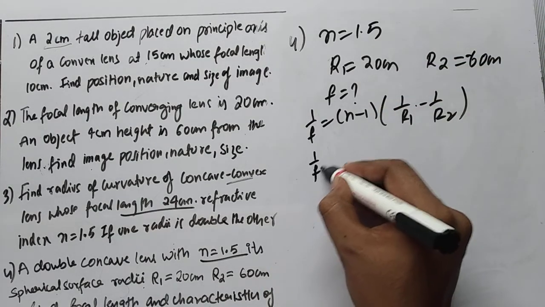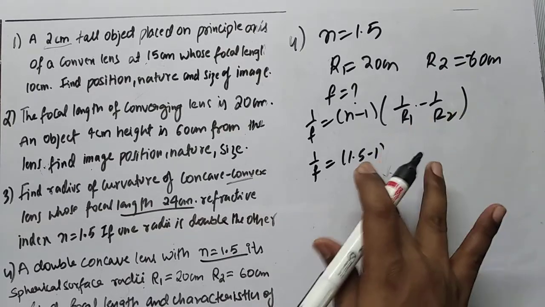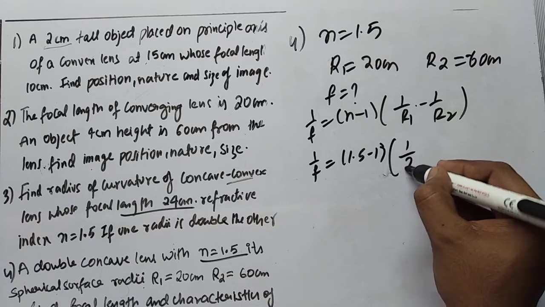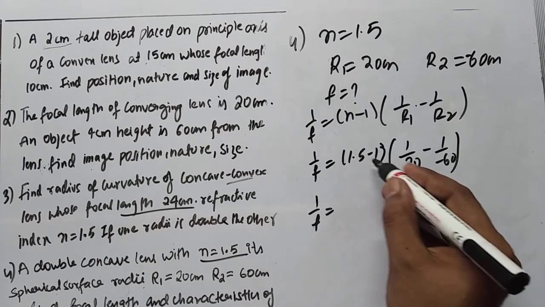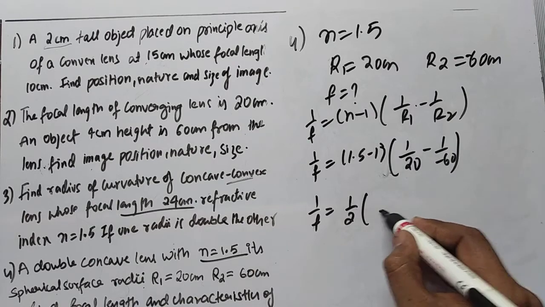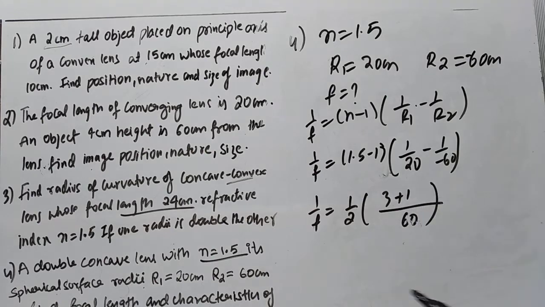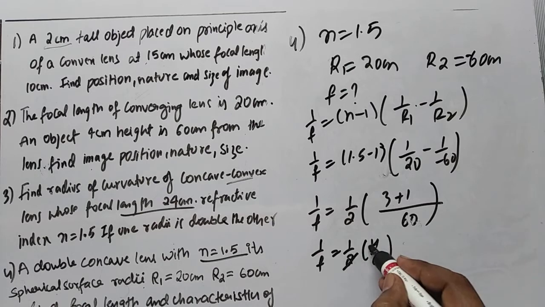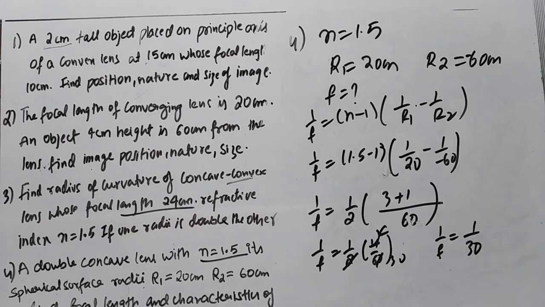Let me substitute the value. 1 by f is equal to (1.5 minus 1) times (1 by 20 minus of minus 60). 1.5 minus 1 is 0.5, we can write 1 by 2. Here we take the LCM of 60, so I will get 3 plus 1. So we'll get 1 by f is equal to 1 by 2 into 4 by 60. We can cancel: 2 ones are 2, 2 fifteens are 30. So I got 1 by f is equal to 1 by 30.